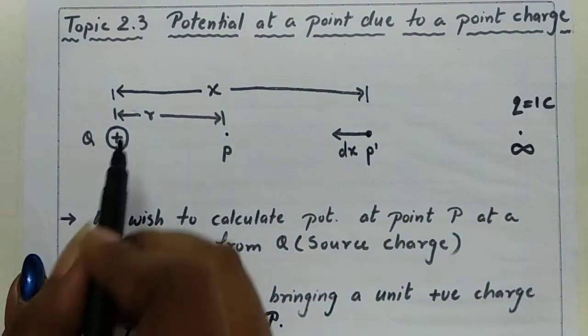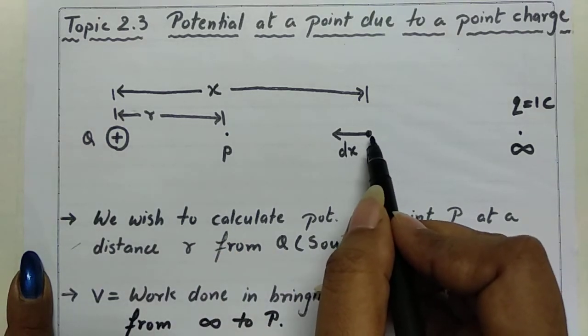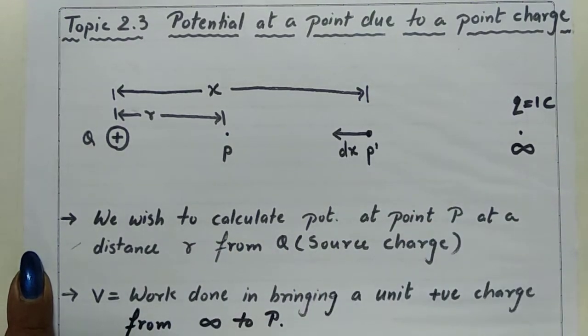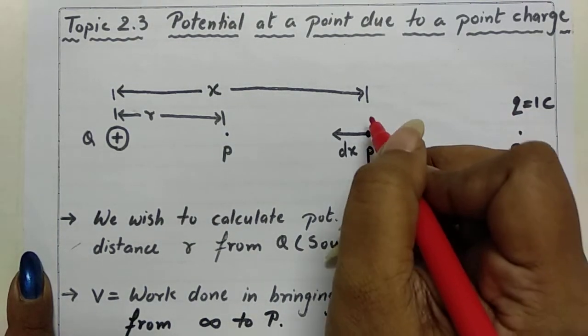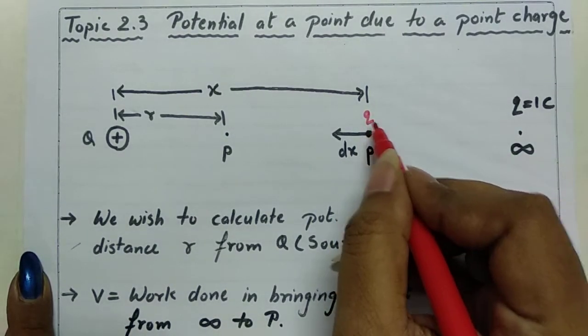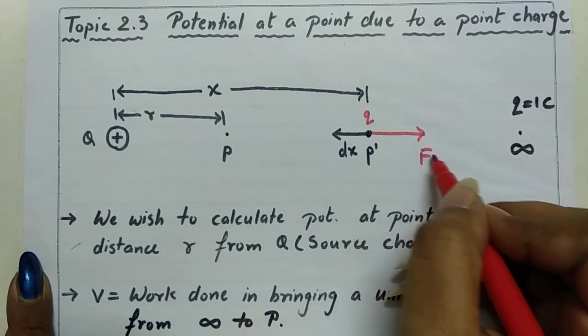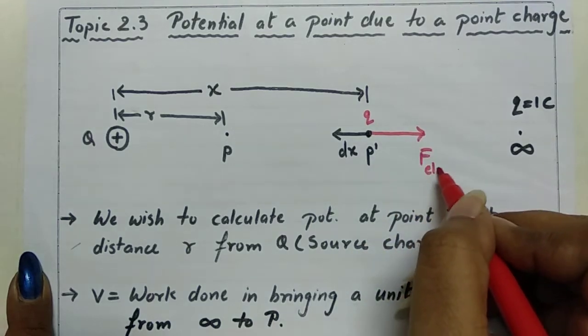Now because of this source charge, there will be a force acting on this point. If I place Q over here, then the electric force acting on this point charge will be in this direction. So this will be F electric.